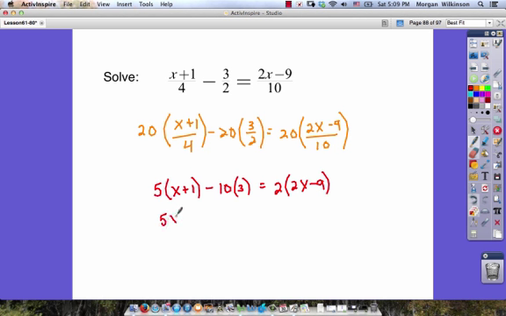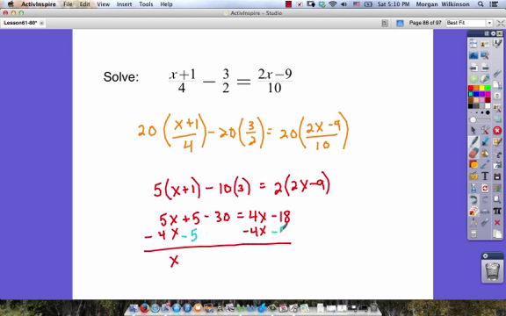We're going to get 5x plus 5 after we use the distributive property minus 30 is going to be equal to 4x minus 18. Now to solve, we'll subtract 4x from both sides. And we're going to be left with 1x. And in this problem, let's do things a little bit differently. We can subtract 5 and we can subtract 5.